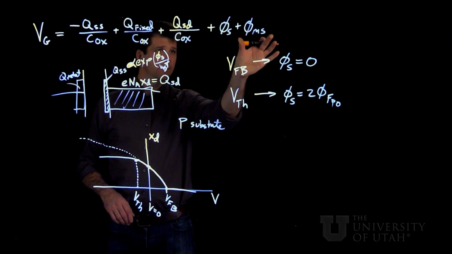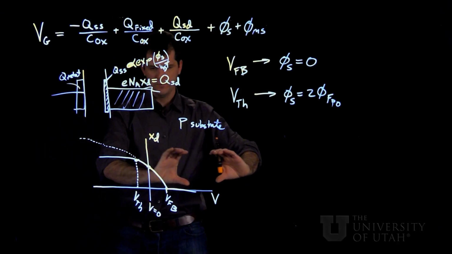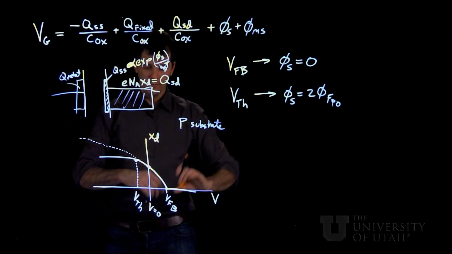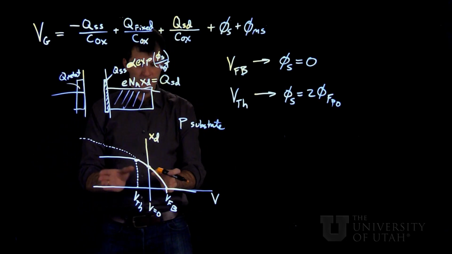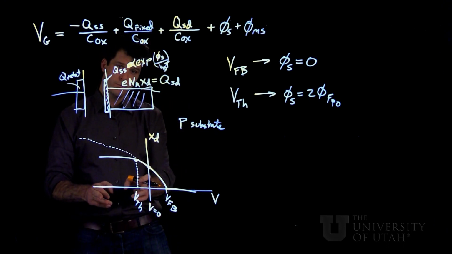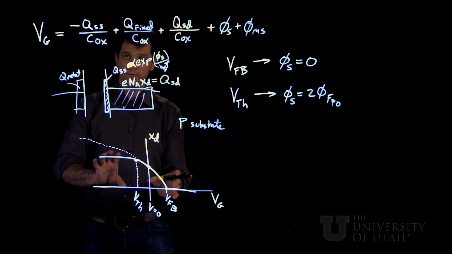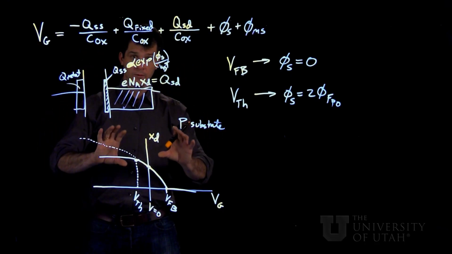And depending on which metal you've used, and if there's fixed charge, this curve might translate to the left or right. So it is actually possible to have the flat band voltage and the threshold voltage both in the negative applied gate voltage regime if there's enough other charges and work function differences.